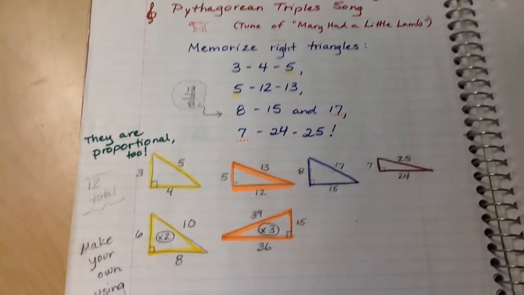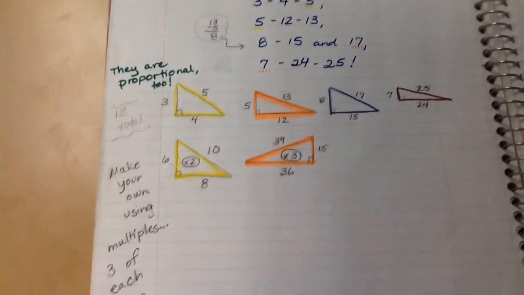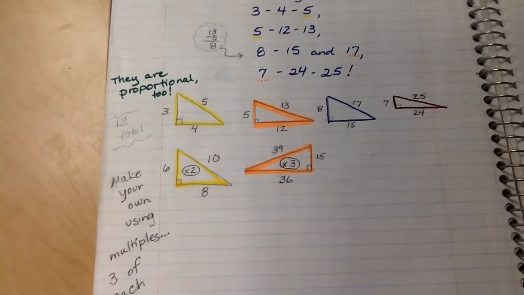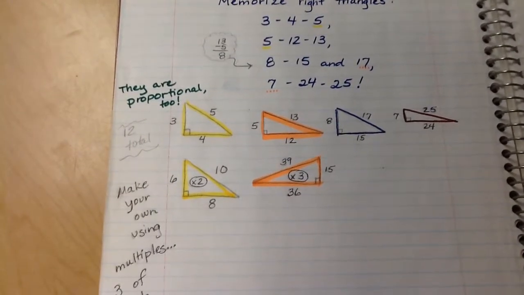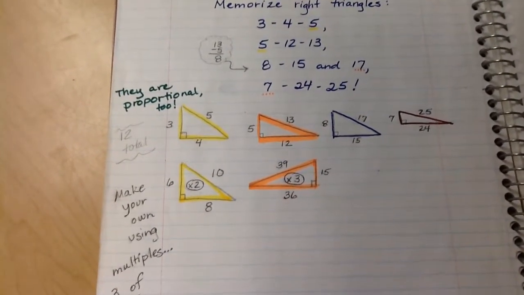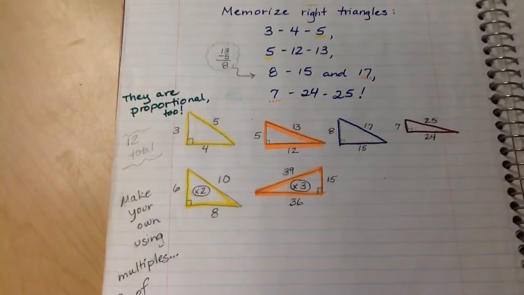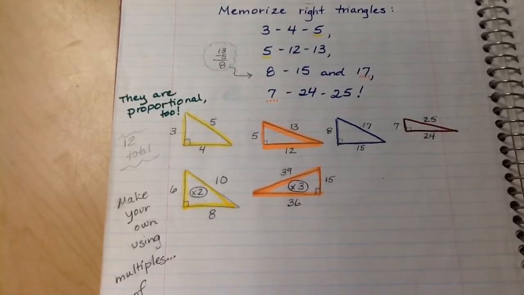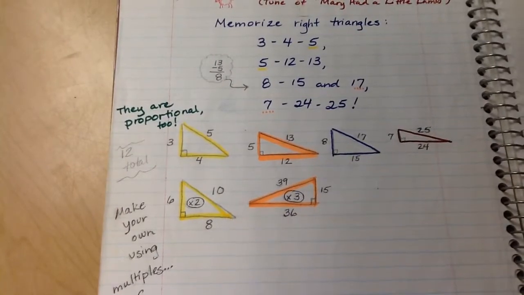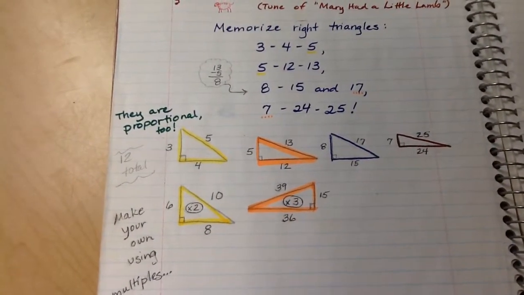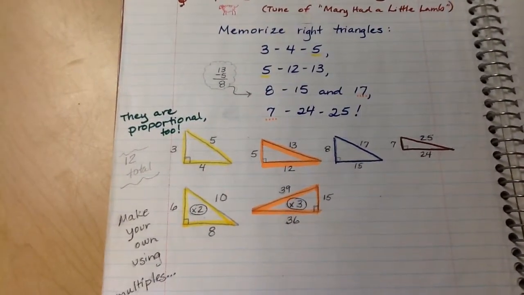Now look down below. You can make your own using the multiples. If we took 3, 4, 5 and doubled it, we'd have 6, 8, and 10. If we took them and multiplied by 10, you'd have 60, 80, and 100. So it always works. With any scale factor you want to use, these triples will always work. So say that you took 5, 12, 13 and multiplied them all by 3.